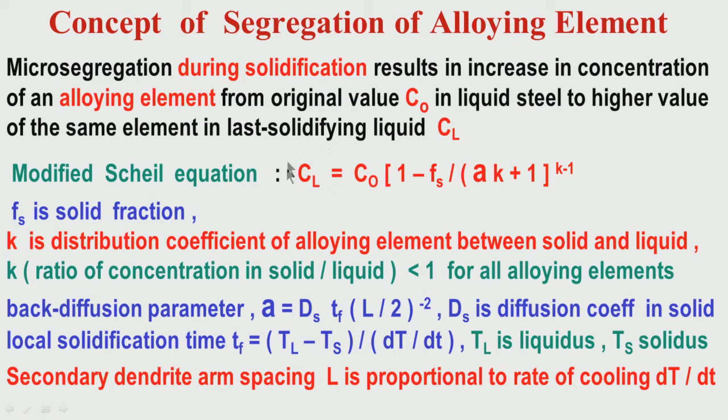So, the amount of alloying elements in the final liquid which is getting solidified becomes higher, more rich, when k is very low and the diffusivity of that particular element is relatively low in solid. So, these are the two important things.